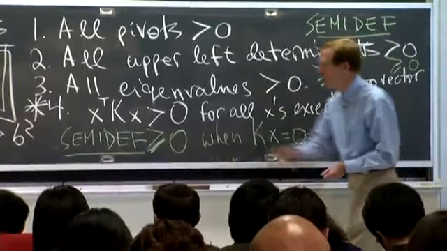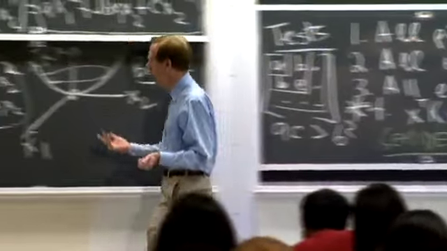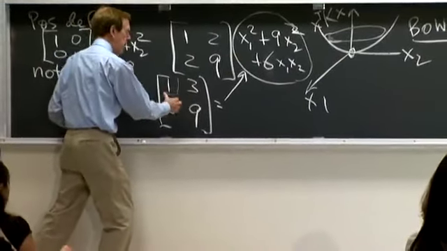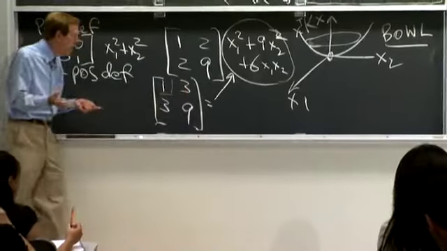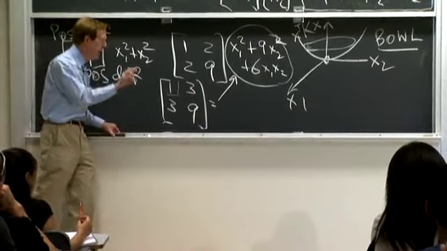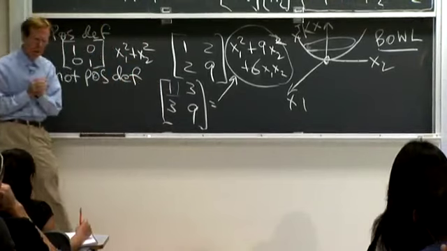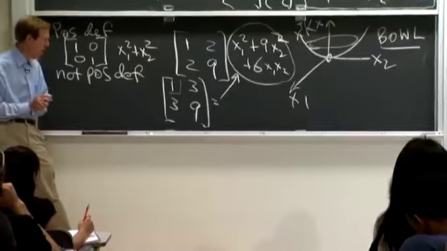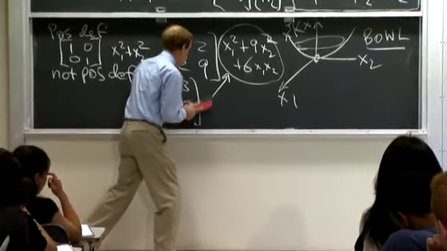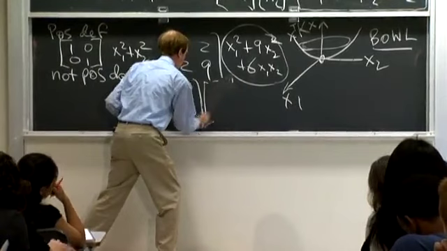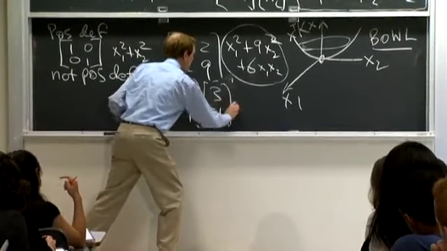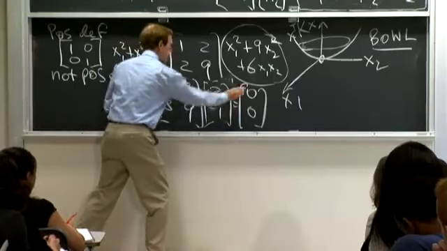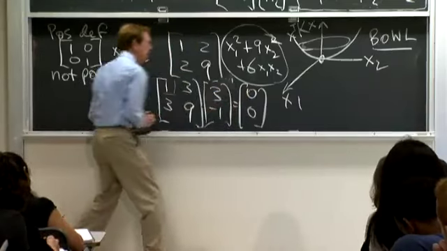Let's see it in that example. What's the x for which, I could say, it is in the null space? What's the vector x that matrix kills? 3, minus 1, right? 3 times the vector 3, minus 1 gives me 0, 0. So I get 3 minus 3, the 0, 9 minus 9, the 0.